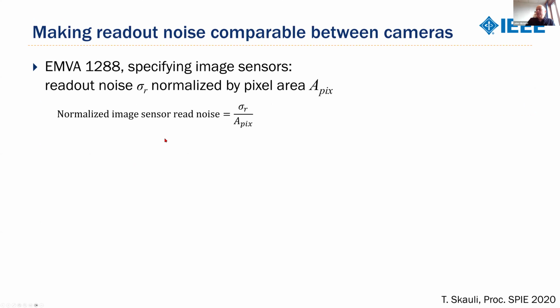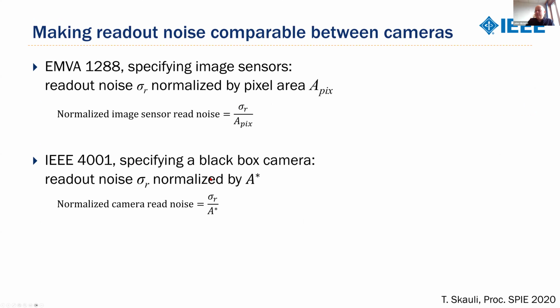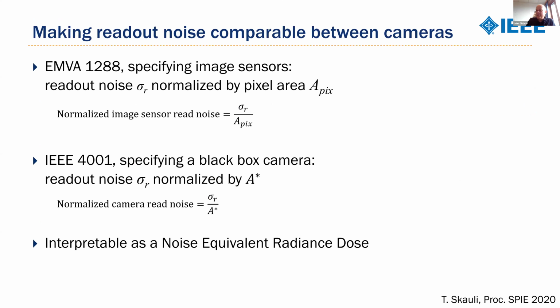So in EMVA 1288, they normalize the read noise by taking the actual read noise divided by the pixel area. We can do the same thing by taking the read noise of the image sensor divided by the A star. So the physical interpretation of this is the noise equivalent radiance dose, which fittingly is NERD.